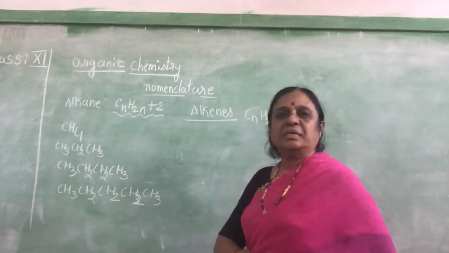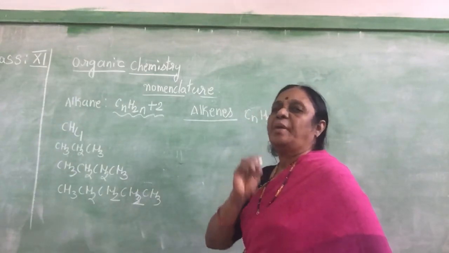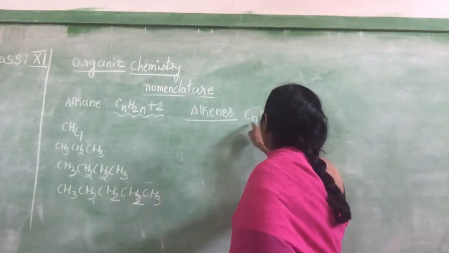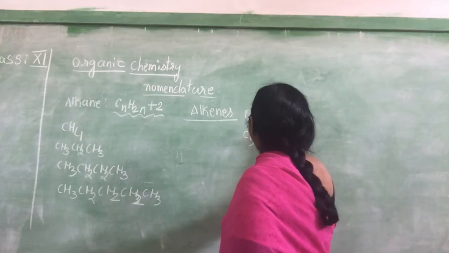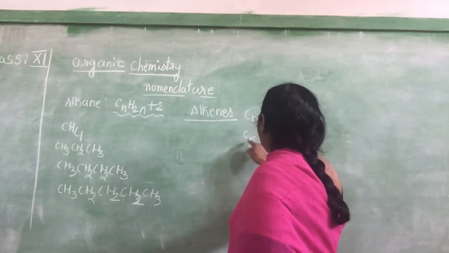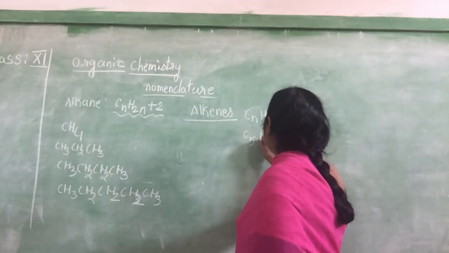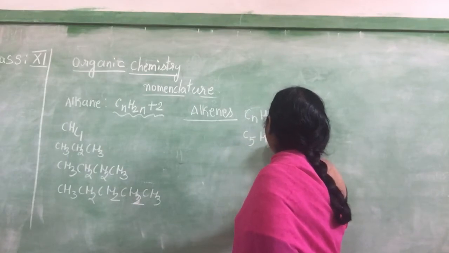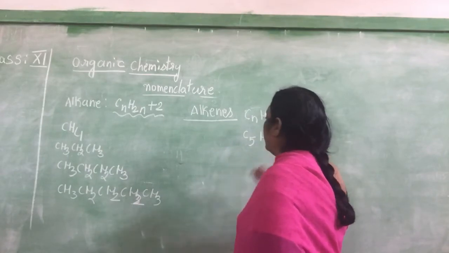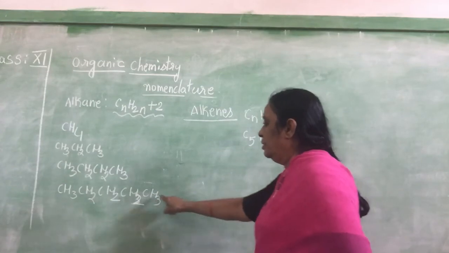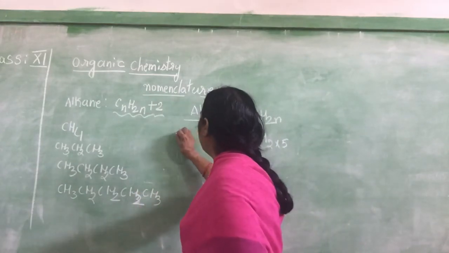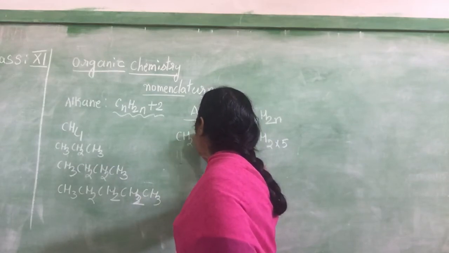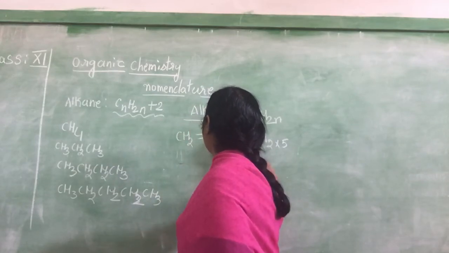Let us derive the members of the alkene. Now if n stands for 5, H2n, 2 into 5, 10 hydrogen atoms are there. Okay. Is it clear, children? So the first member is CH2 double bond CH2.